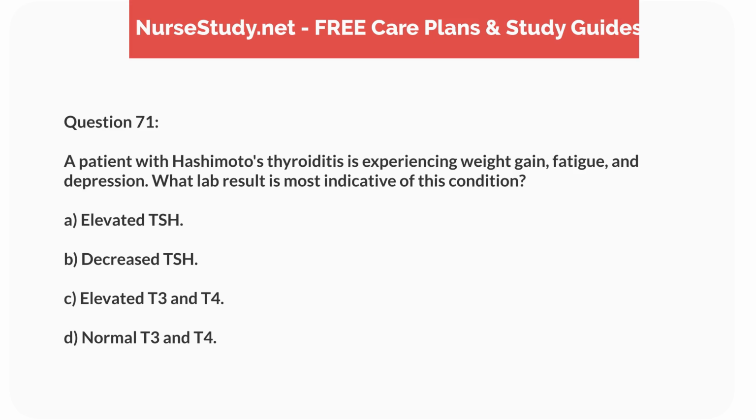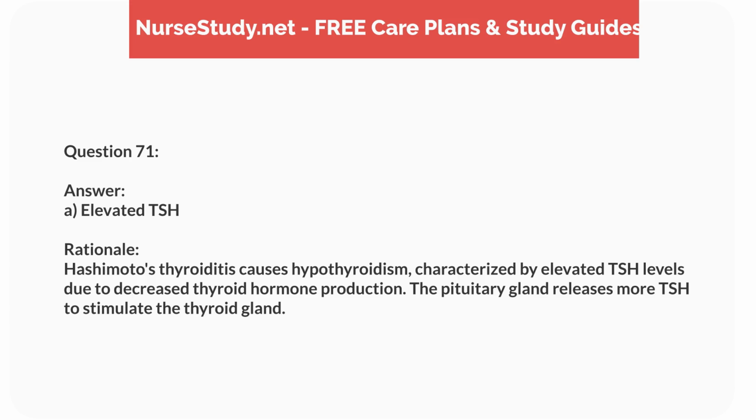D. Normal T3 and T4. Answer: A. Elevated TSH. Rationale: Hashimoto's thyroiditis causes hypothyroidism, characterized by elevated TSH levels due to decreased thyroid hormone production. The pituitary gland releases more TSH to stimulate the thyroid gland.